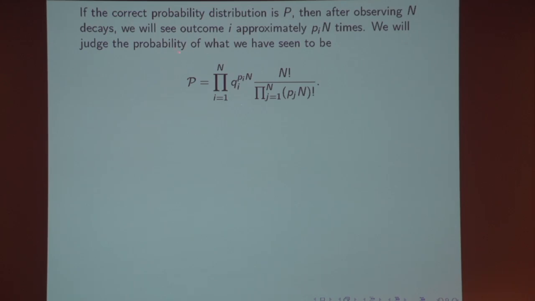And we'll judge the probability of what we've seen to be the following. Q sub i to the P sub i n is the probability, if the hypothesis Q is correct, to see a particular sequence where the ith final state occurs P sub i n times. We just include a factor Q sub i each time we observe an outcome whose probability is Q sub i. And this is the number of sequences with those frequencies.